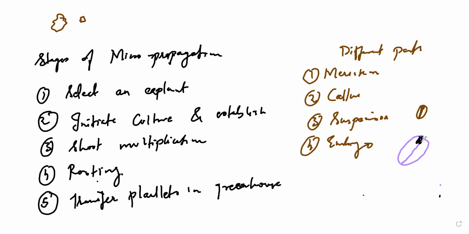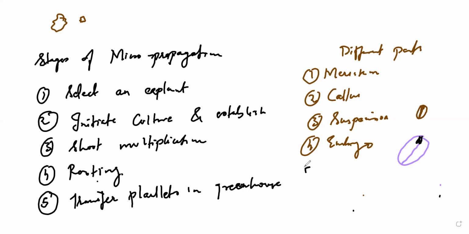This is the embryo of that particular groundnut or peanut. You can take this embryo using forceps and place it into the culture medium, and again the same procedure: you allow it to grow.